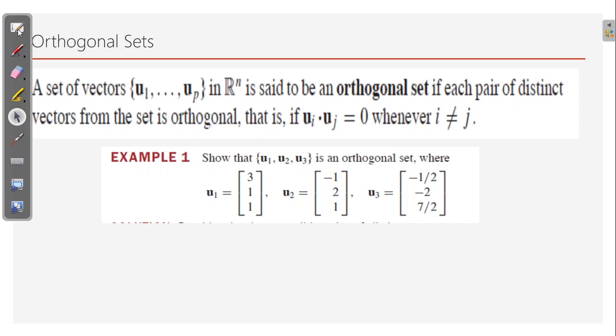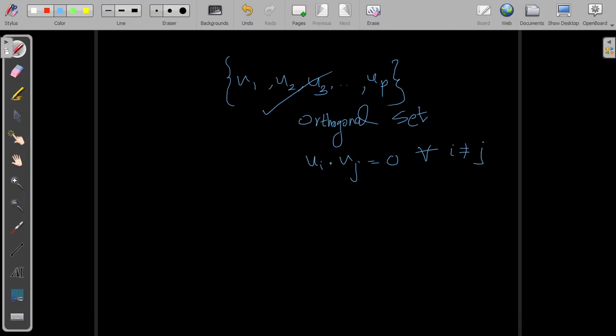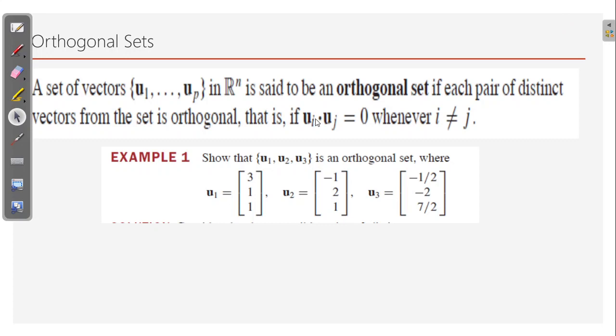You should take u1 dot u2, then u1 dot u3 and u2 dot u3. You have to evaluate these three and verify whether these are equal to 0. Okay, so the solution is like this.